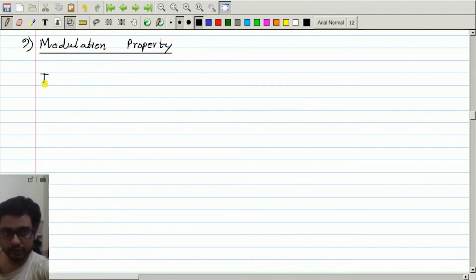Once again, we start from the Fourier transform of x(t) is capital X of omega.